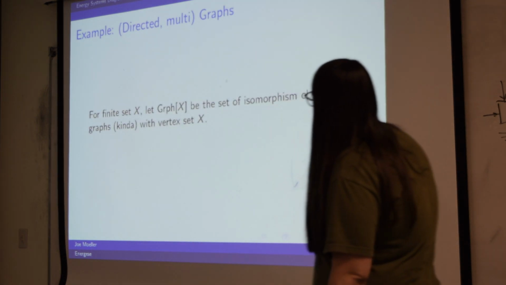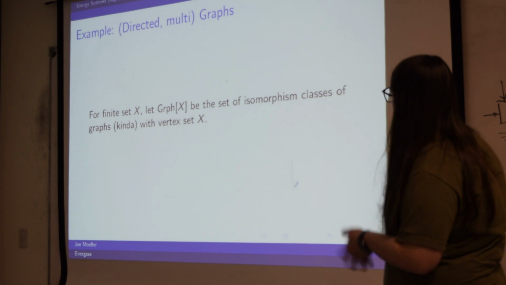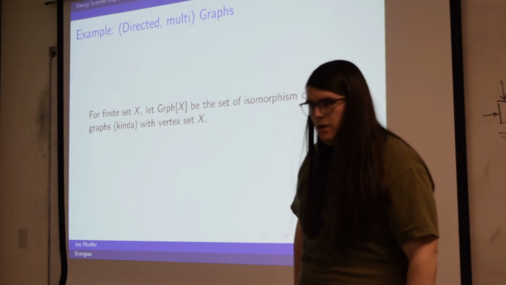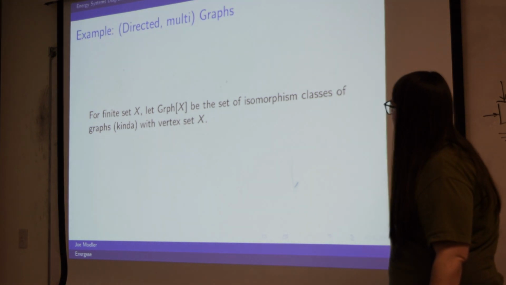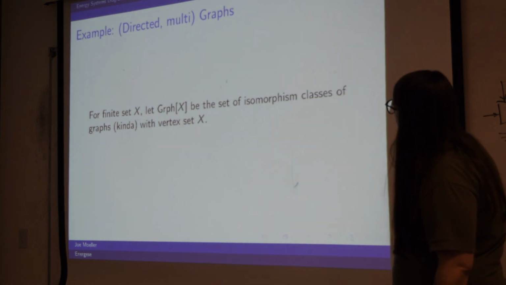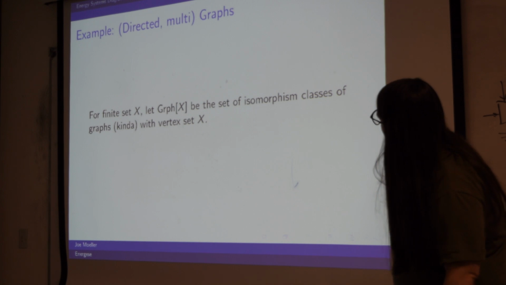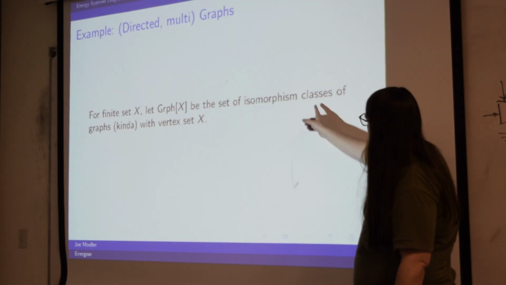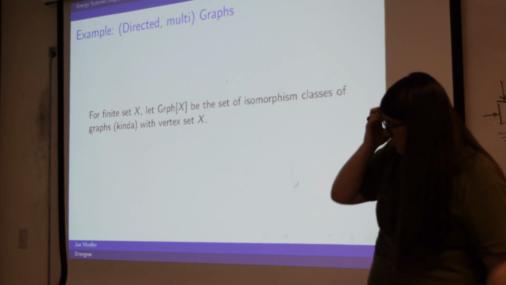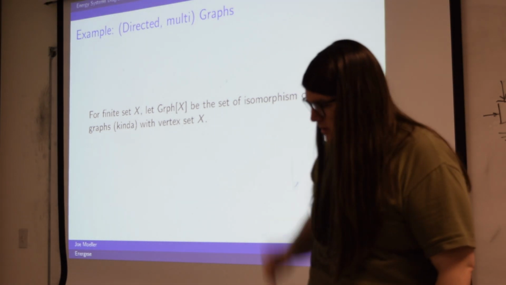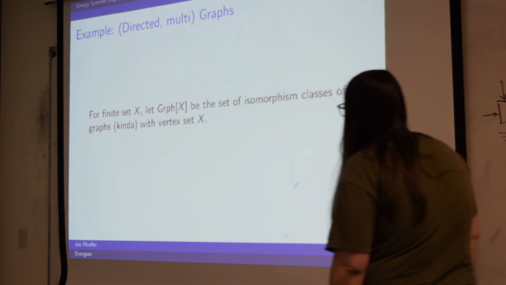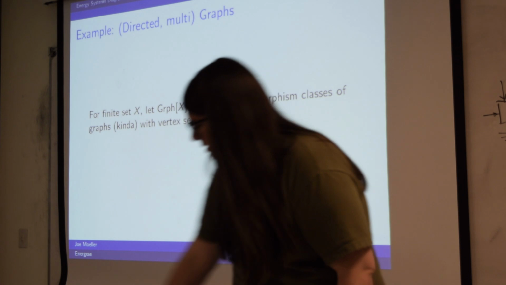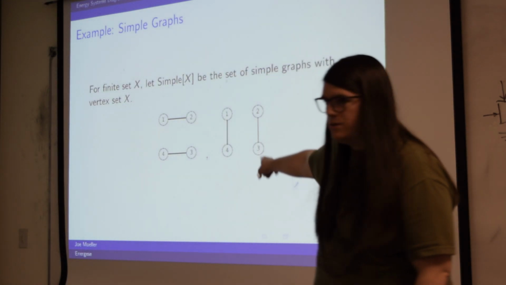Another example is another version of graphs, directed multigraphs, and these are the ones that category theorists most like because they most look like categories themselves. For a finite set X, Graph of X is, kind of, the set of isomorphism classes of graphs with vertex set X. I say kind of because of the exact same thing I was pointing out here, that these two are different.